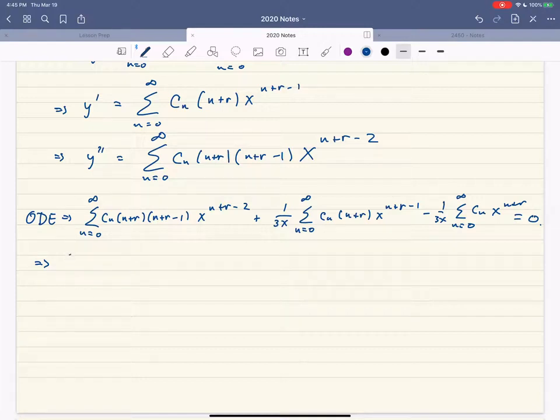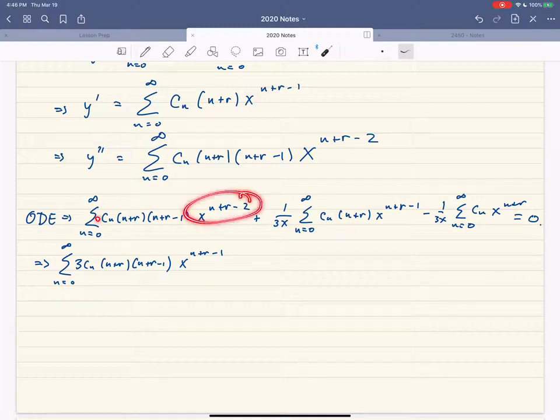So this left side is going to be the sum from 0 to infinity of 3 c sub n, n plus r minus 1, x to the n plus r minus 1, because we multiplied by 3x. If I multiply by 3x, that puts a 3 here, and that adds 1 to the exponent of x. And then the other terms I'm just going to copy, but without the 3x being divided by in front.